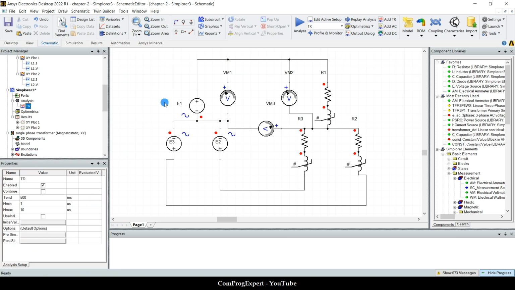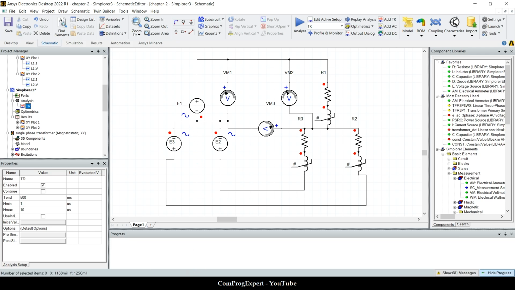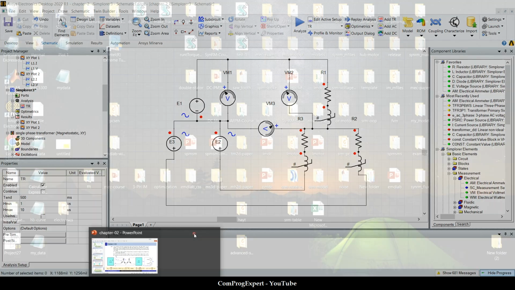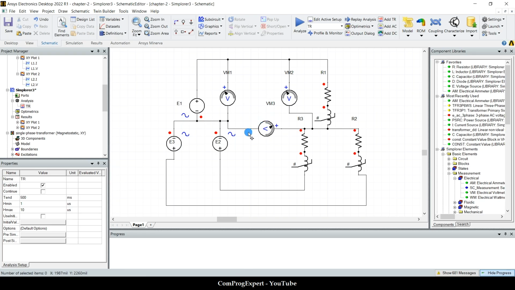Calculate the voltage of the star point with respect to the neutral point of the supply. Run the analysis. In this case, we don't have any connection between the point N here of inductors and the supply for the primary.